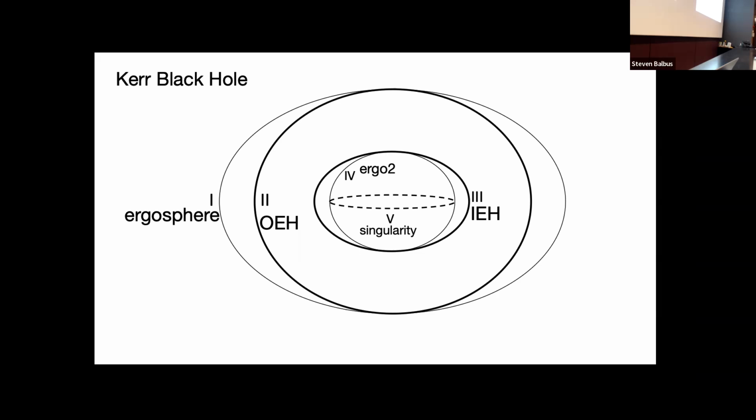But you better stay away from this. This is the OEH, the outer event horizon. So you cross that, and that's bad. Then you can't go back. You keep on going, and then there is an IEH, the inner event horizon.